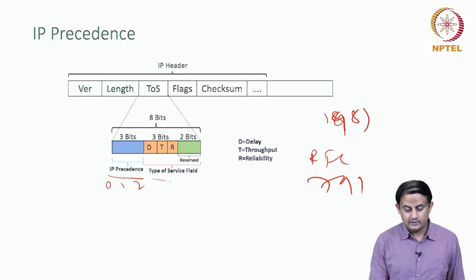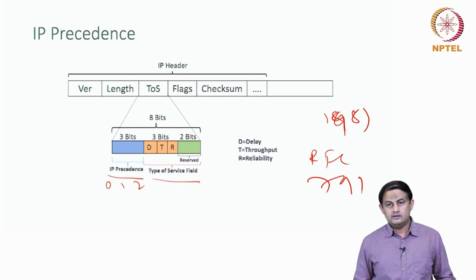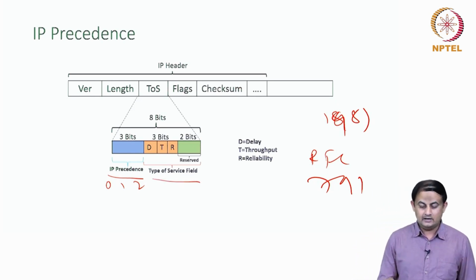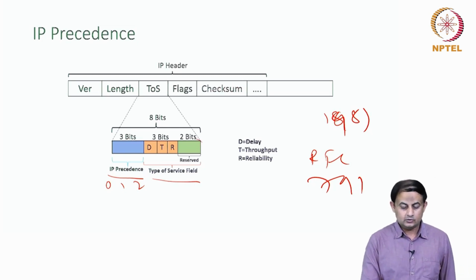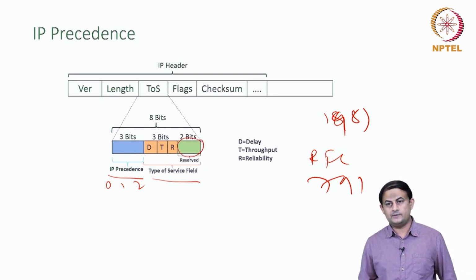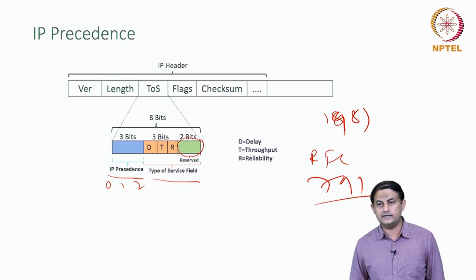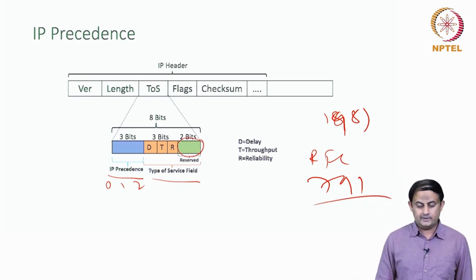The remaining 5 bits indicate the type of service field. Out of these 5 bits, 2 bits are reserved for future use as of RFC 791, so this was not defined.